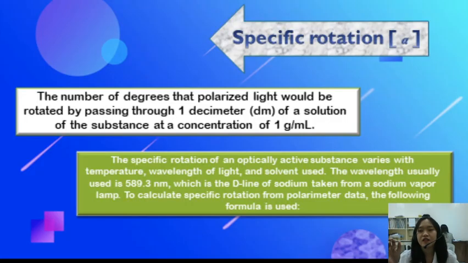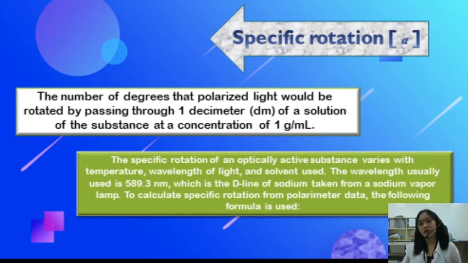Okay, next. So, the formula. So, dito natin ma-encounter ang formula for your specific rotation. So, again, the symbol for the specific rotation is letter A for angle. Okay. So, your specific rotation is the number of degrees that the polarized light would be rotated by passing through 1 decimeter of the solution of the substance at a concentration of 1 gram per ml.